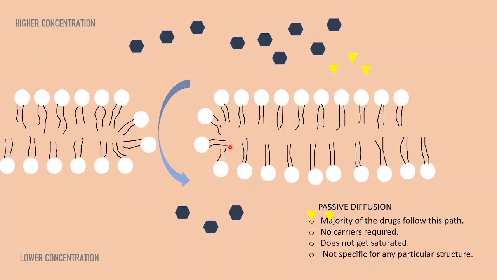Now in this case, since there is no involvement of any carrier, they cannot get saturated. They won't get saturated actually, because the number of particles or solute that are present can easily get diffused, irrespective of the carrier or anything that is present over here.